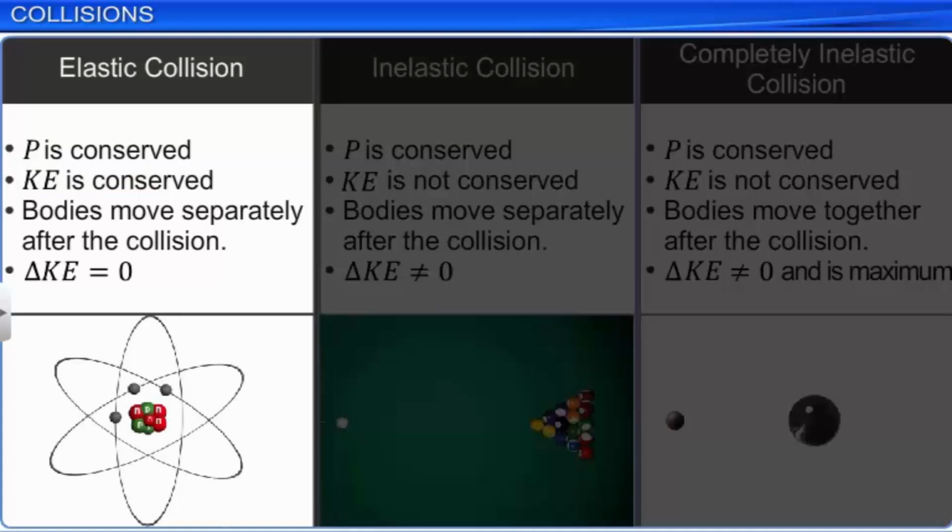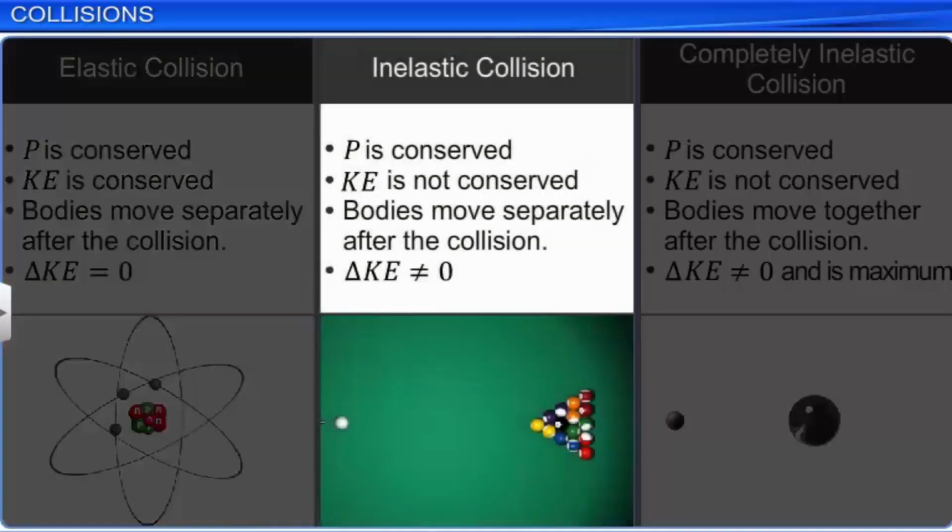In such a collision, the bodies move separately after the collision and the loss in kinetic energy delta Ke is 0. This implies that there is no loss in kinetic energy. For example, the collision between subatomic particles is an elastic collision.